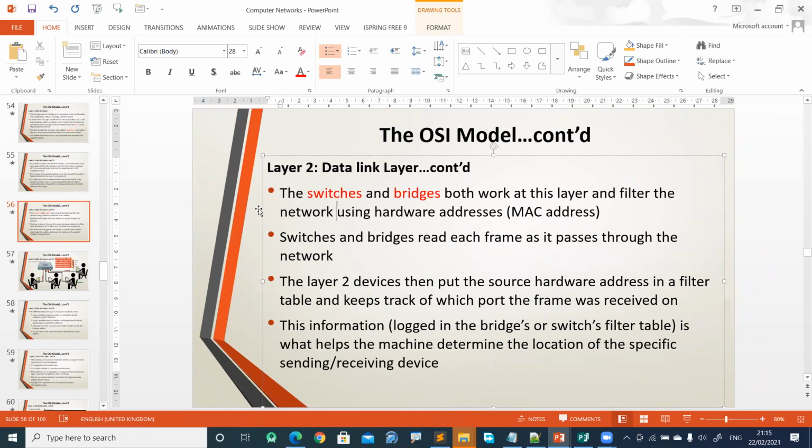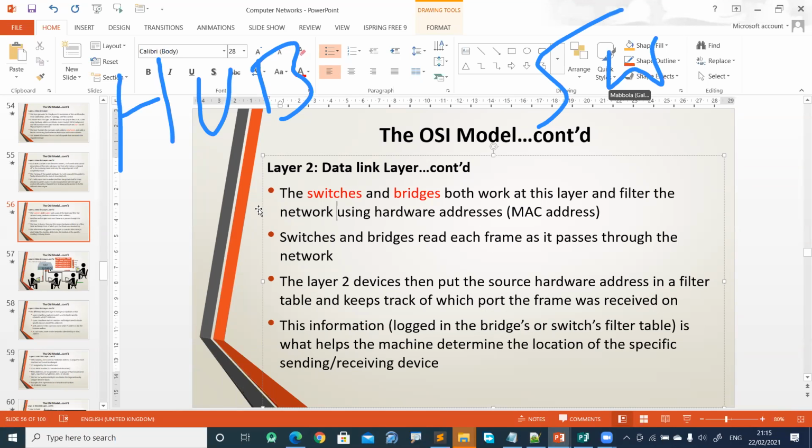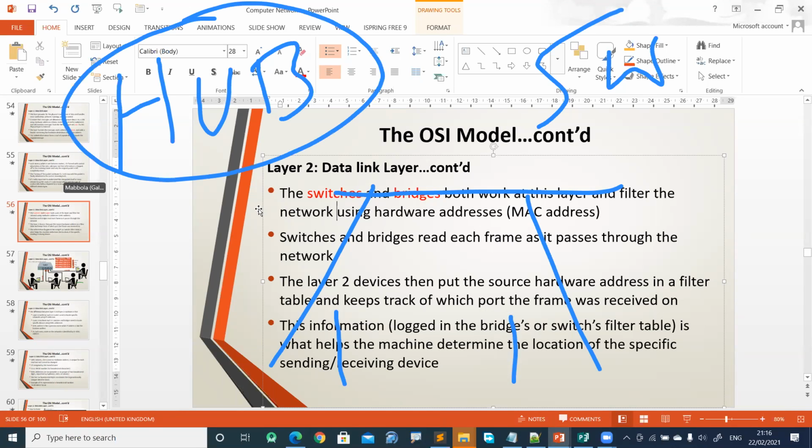The best example that I always give for the difference between a hub and a switch is this. You go to a classroom, you find students. This guy is an office orderly, and this other guy also is an office orderly. One is smarter than the other. The first one brings letters to the class, and every time he comes to the same class, he says, who is Alfred Pill?